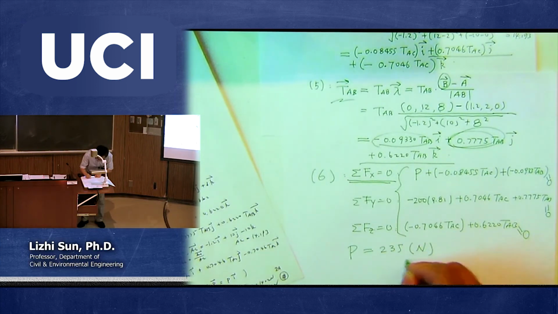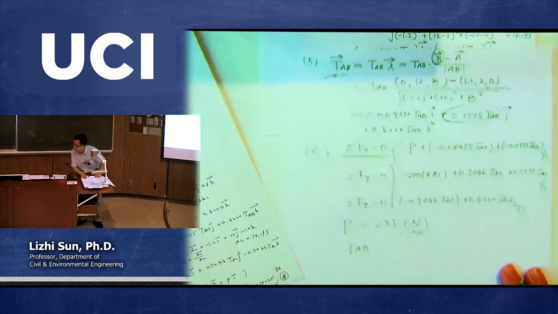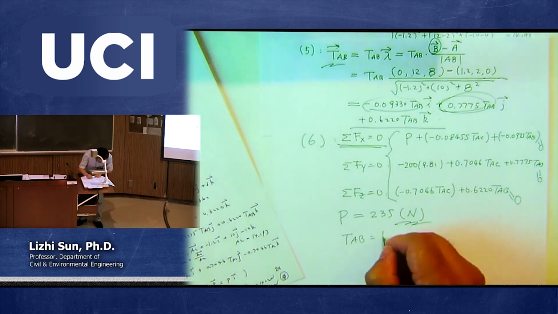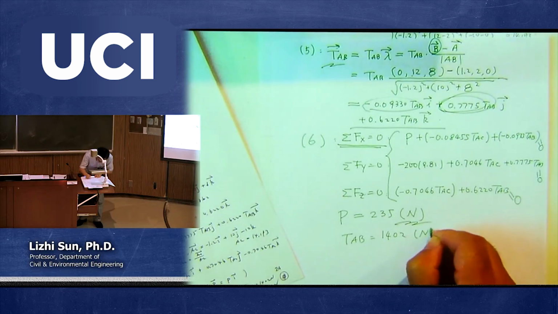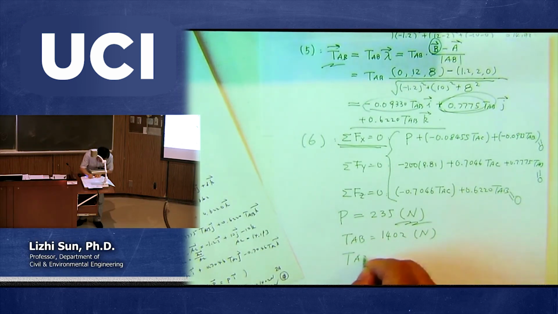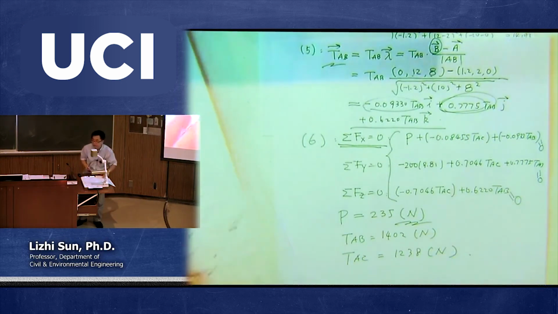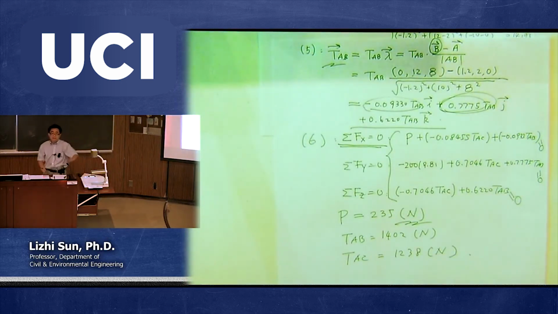Don't forget, it's called Newton. Your final answer must be with a unit. And then T_AB is 1402 Newton. T_AC is 1238 Newton. So then we solve the problem, because finally these are the three things we are asked.